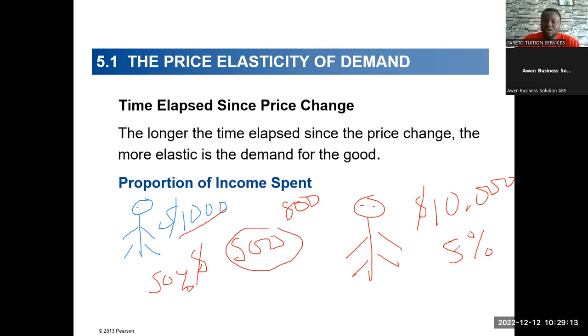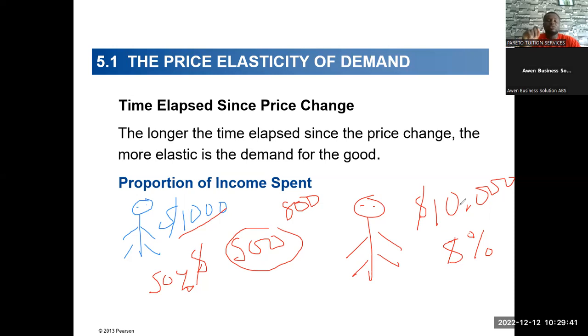But this guy will only be using 8%. So this guy will be more responsive. This guy might not even change the quantity that he buys. Because this guy is using a higher proportion of his income to buy the good, he becomes more responsive, and the more responsive you are, the more elastic your demand. This guy is using only 8%. It's not even up to 10%. So what can this do to his money?